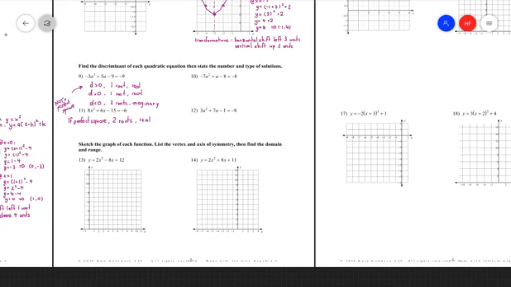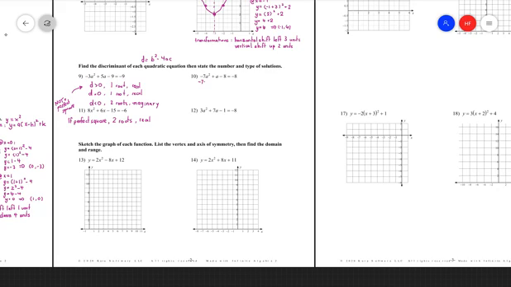So let's find our discriminant. Remember to find the discriminant, D equals b squared minus 4ac. And we do have to make sure that we make it equal 0 first. So on number 10, I'm going to move everything over so that way it can equal 0.